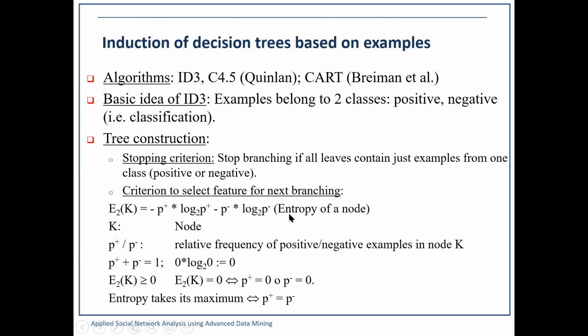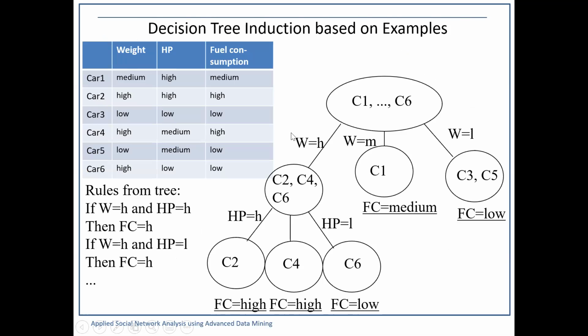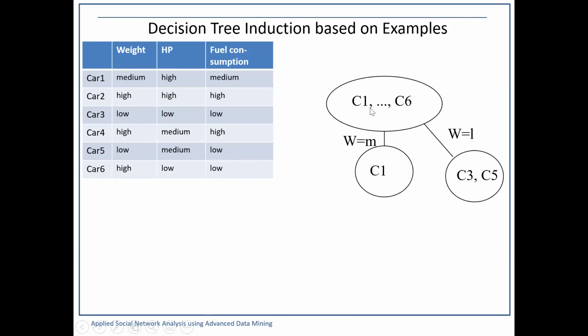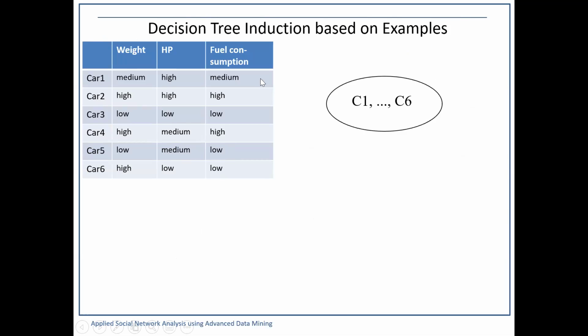Okay, we need the notion of entropy of a node. The entropy measures the degree to which different classes are mixed inside a node. So for example, note the root node, the first one, this one here, has 6 cars, 1 with medium, 2 with high fuel consumption, and 3 with low fuel consumption.